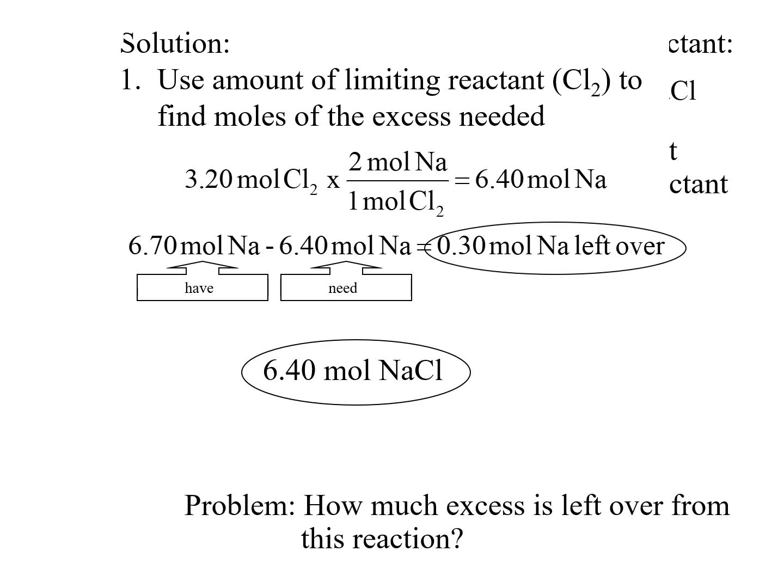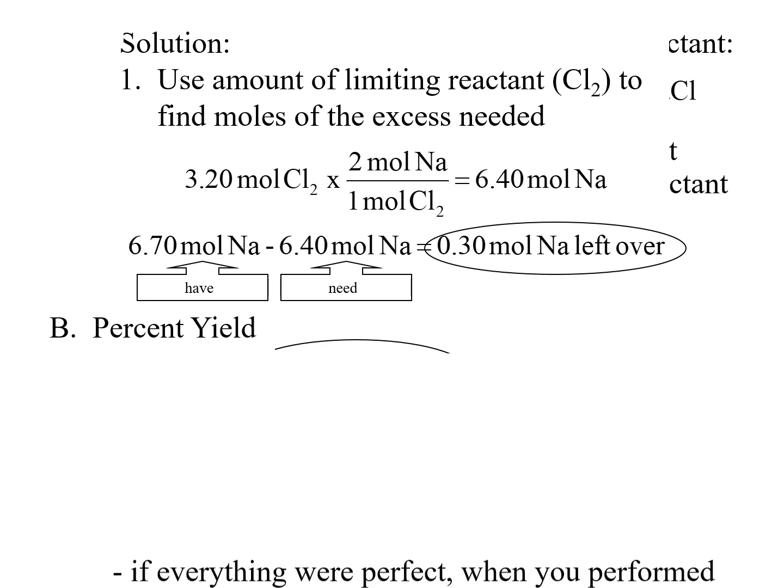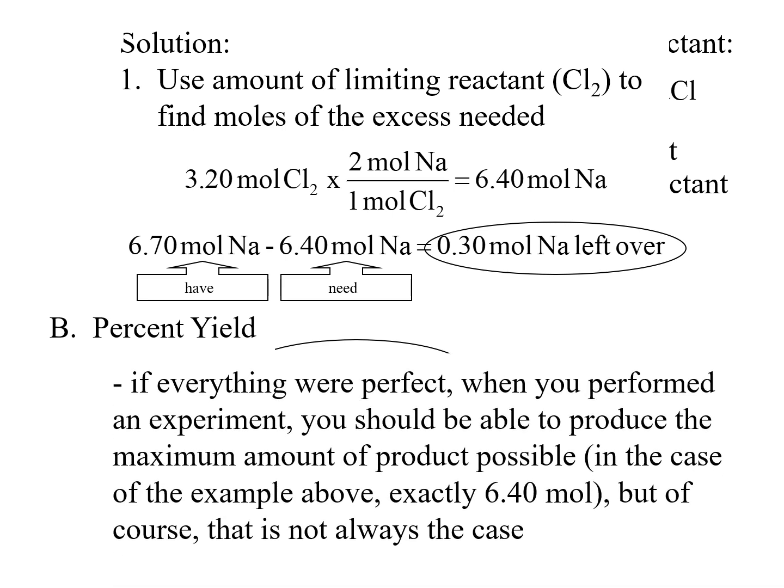Now, along with this, there's one other concept that's going to be really useful to us, and it's called percent yield. Percent yield is an idea that if we were to do a chemical reaction and follow exactly what the balanced equation tells us to do, and we did it perfectly, then the balanced equation is telling us the maximum amount that you could make.